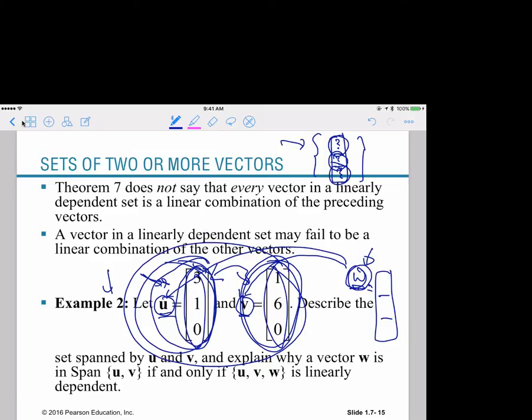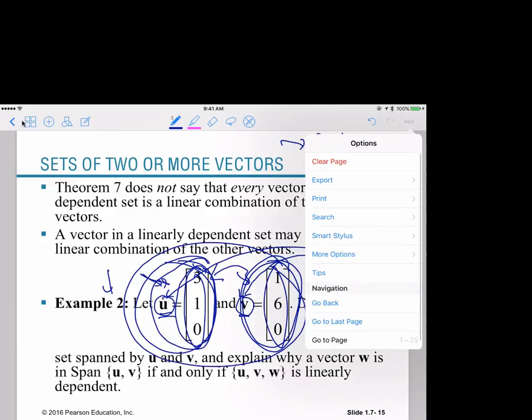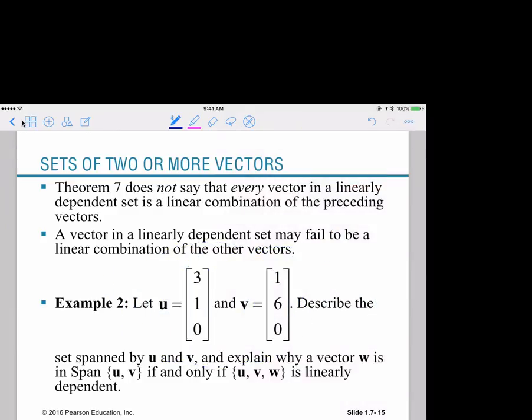When the second vector is along the line of the first vector, that's when they are linearly dependent. But this clearly is not, right? It has a ratio of 1/3, and this one has a ratio of 6, so it's not in the same line. So up to these two vectors, they are linearly independent.